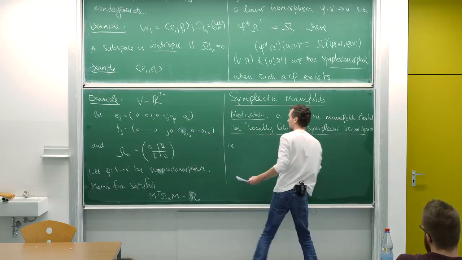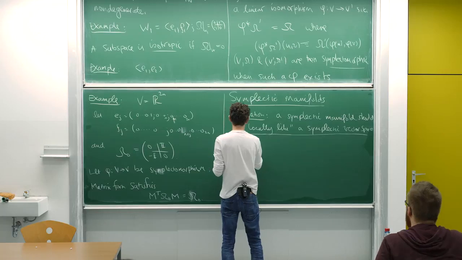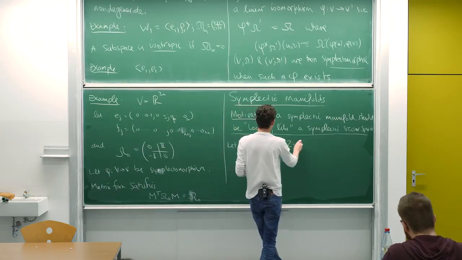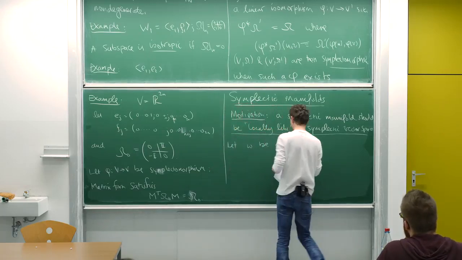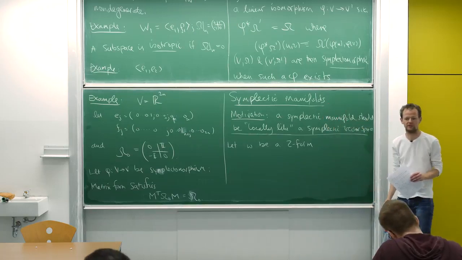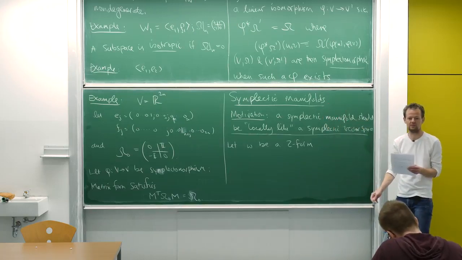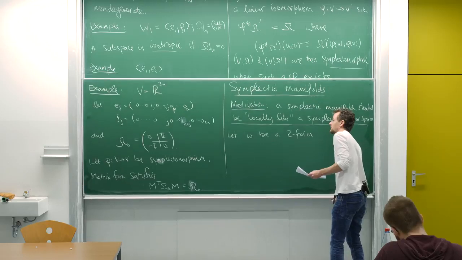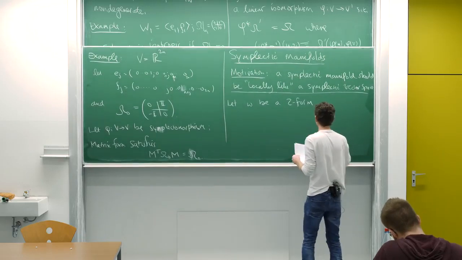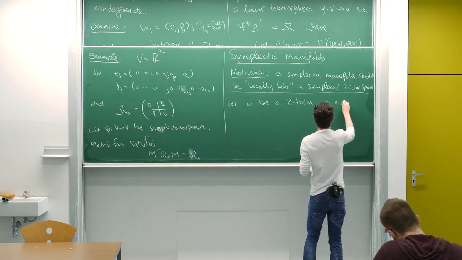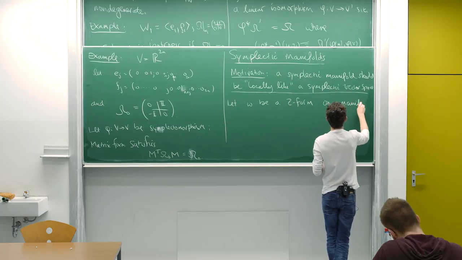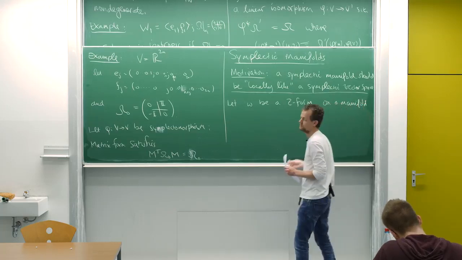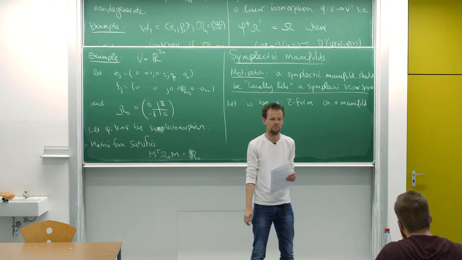That was the motivation. So how are we going to do it? We're going to let omega be a 2 form, because skew symmetric maps look awfully like 2 forms, don't they? They have 2 arguments and they're antisymmetric under exchange of the arguments. So maybe a symplectic manifold is simply something with a 2 form on it.